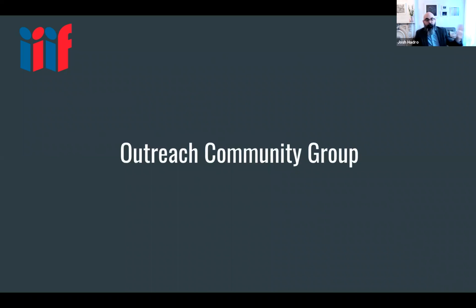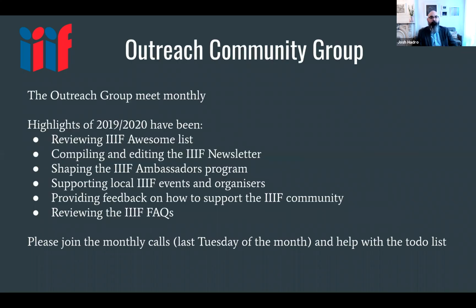And the last community group is the outreach group. So this group is a little different than some of the topically driven community groups in that it is really focused on ways to help the IIIF community spread the word about new implementations, new features in the API specifications.